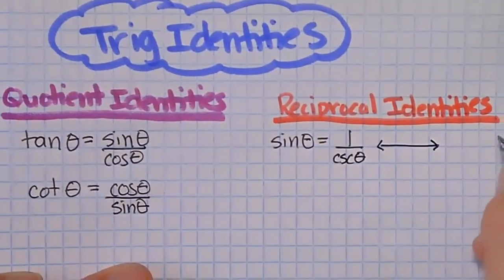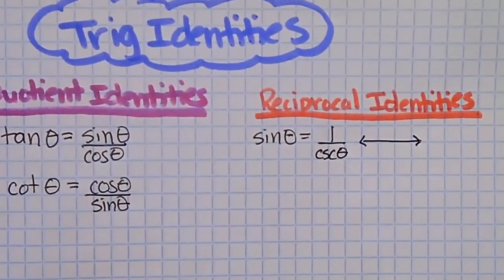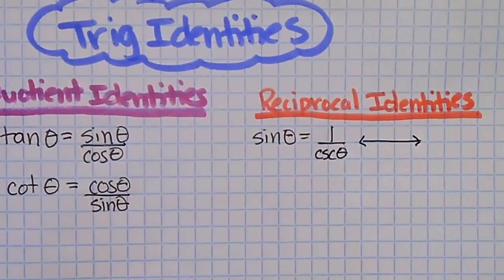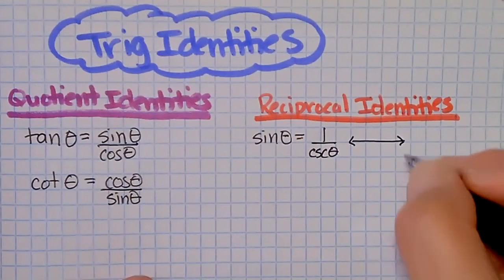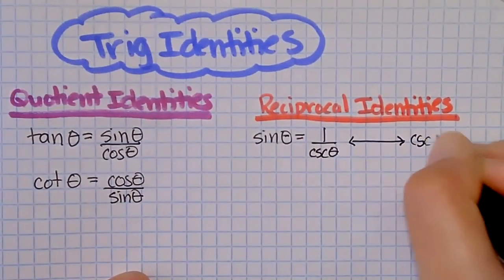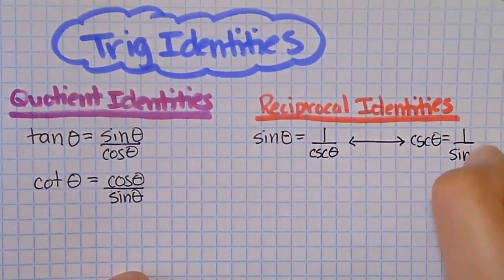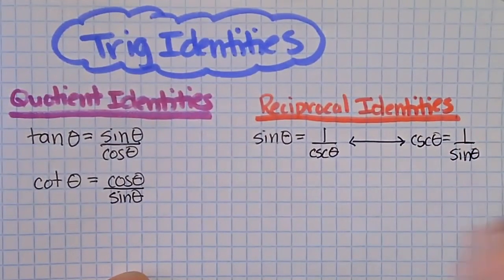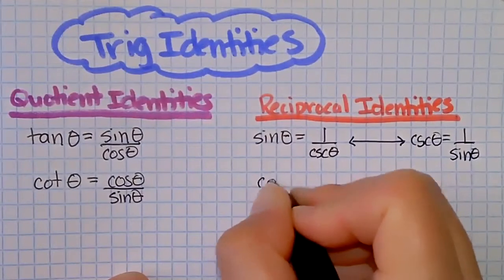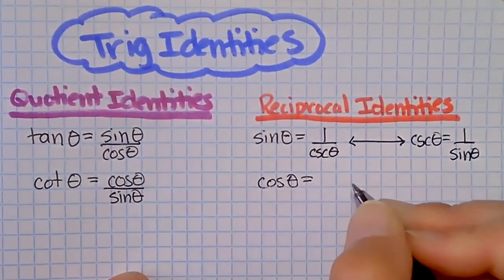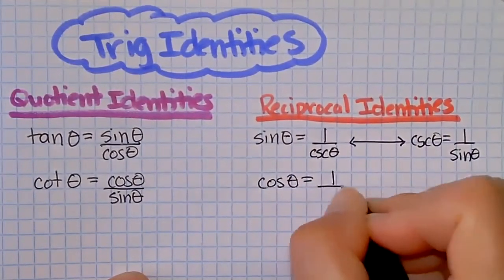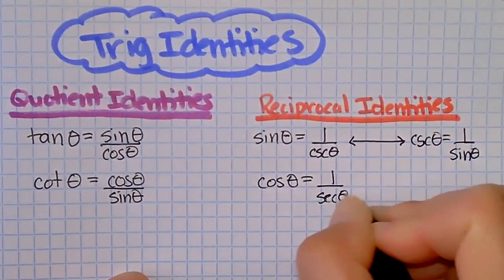And that means that I can write my cosecant in terms of my sine. So let me do that. Let me zoom out. Okay, so cosecant theta equals 1 over sine theta. And I'm going to also do my cosine theta. And again, C doesn't go with C, so this is going to be secant theta.